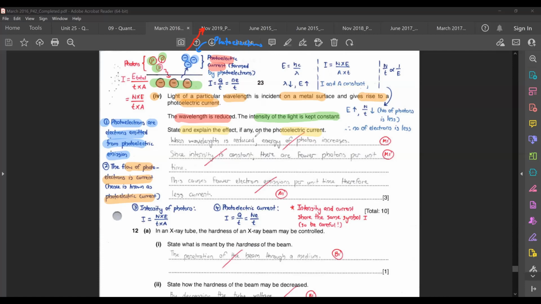Now, if you look at your question, what they want you to do is to explain the effect on your photoelectric current when they reduce the wavelength of your photons, but keep the intensity of the light constant.